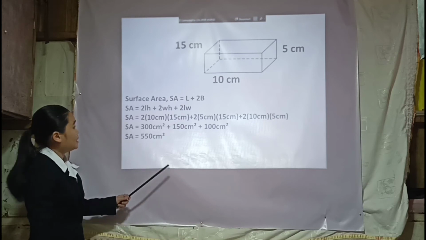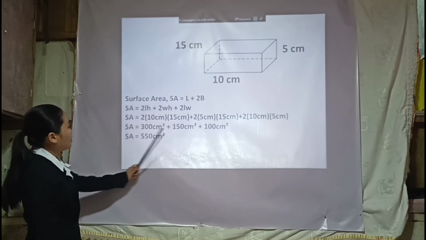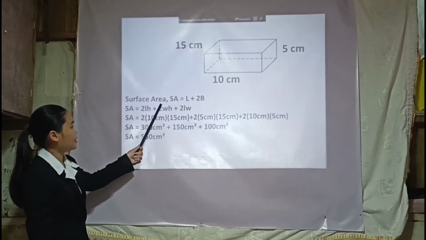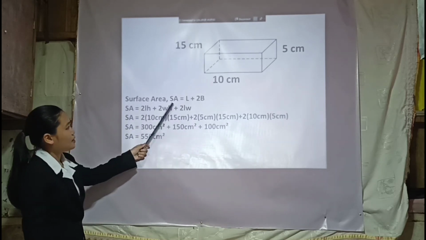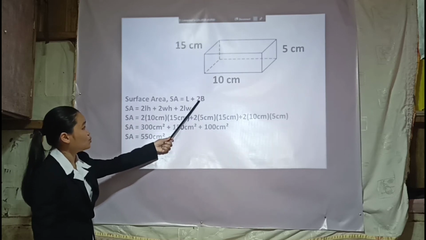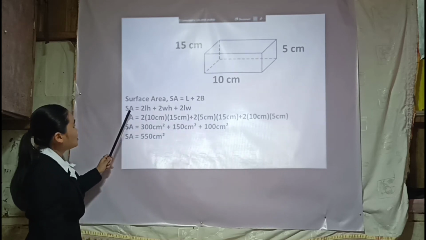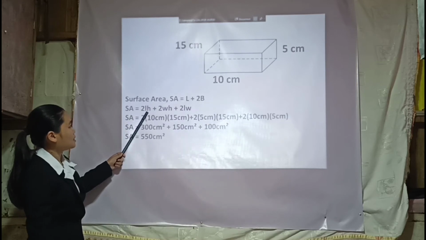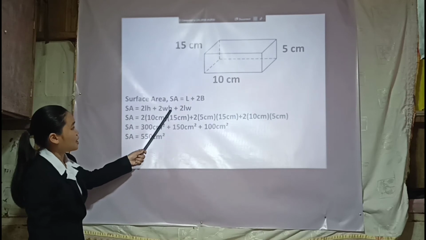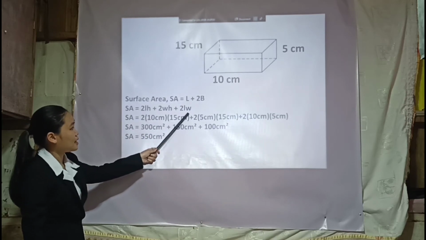Just like what we did in the previous example, we will use the formula to find the surface area. Surface area, or SA, equals lateral surface area plus 2 times base. Surface area equals 2 times length times height plus 2 times width times height plus 2 times length times width.